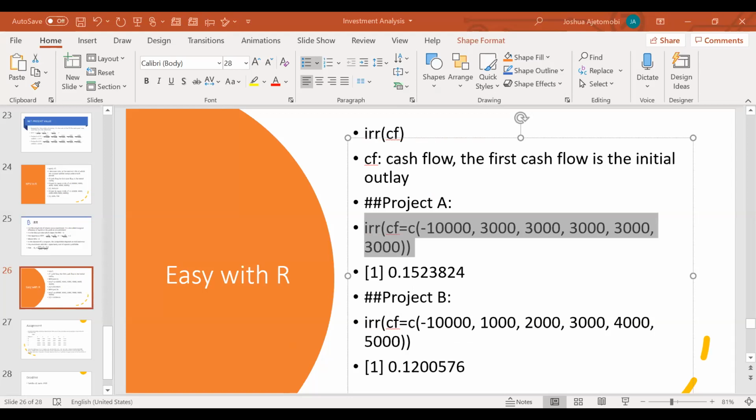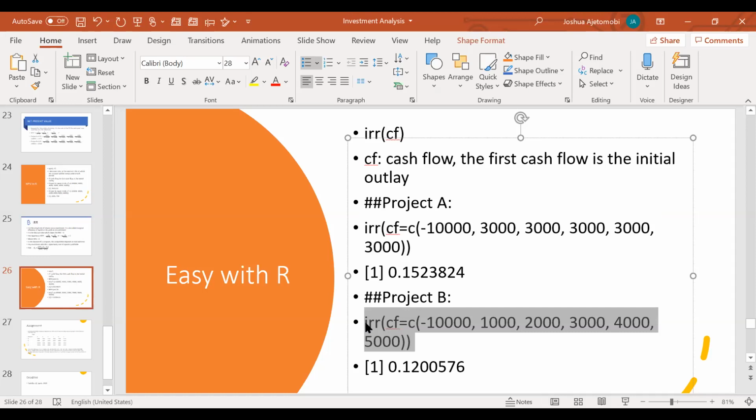If you do the first one, you will get 15.2%. And if you do the second one correctly, you will get 12%.